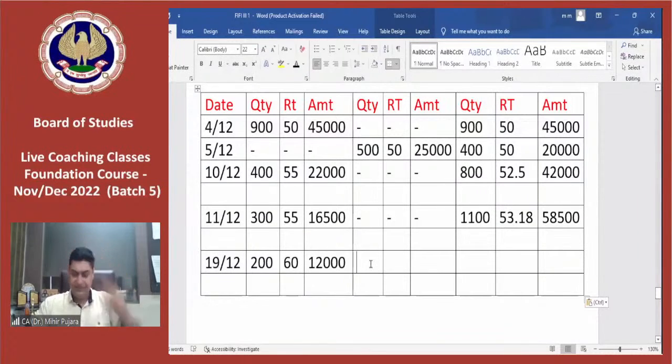Okay, so the same rule will apply: quantity plus quantity, cost plus cost, and then new rate. So can you tell me, guys, what will be the new rate now?